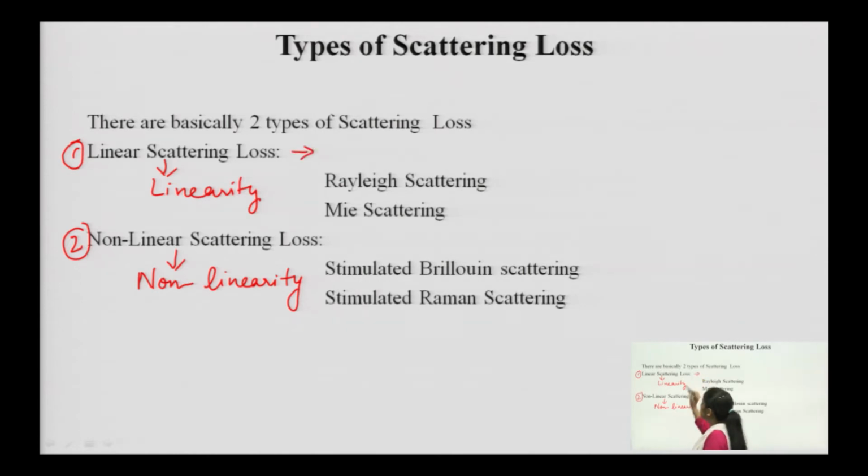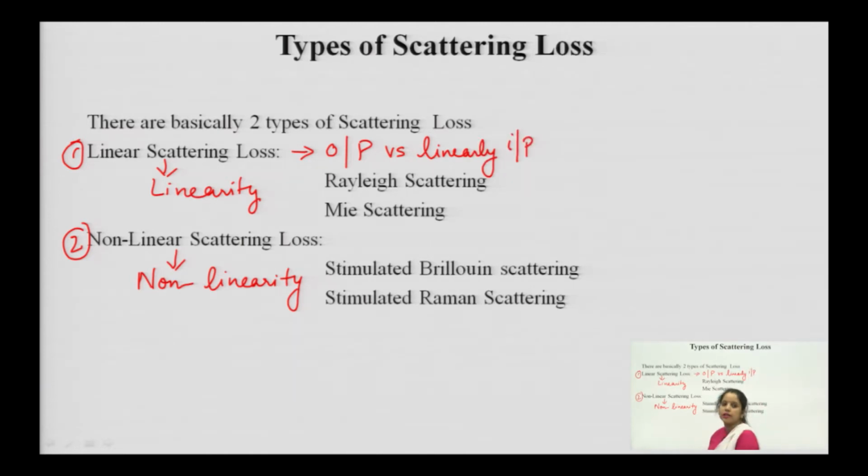In the linear scattering loss, there exists, as in any type of linear system, a linear relationship between the output and the input. So the output varies linearly with the input in this case also.